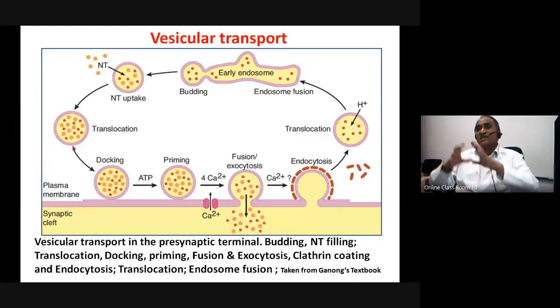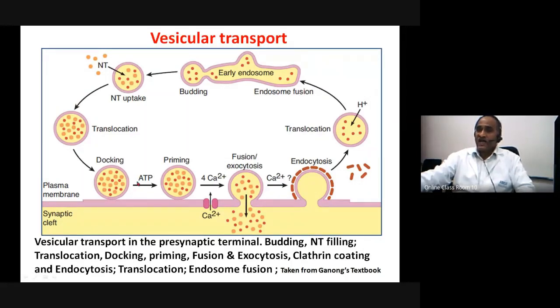That is what we call docking. They are placed because of the movement of these vesicle associated membrane proteins, which dock them on the particular track.